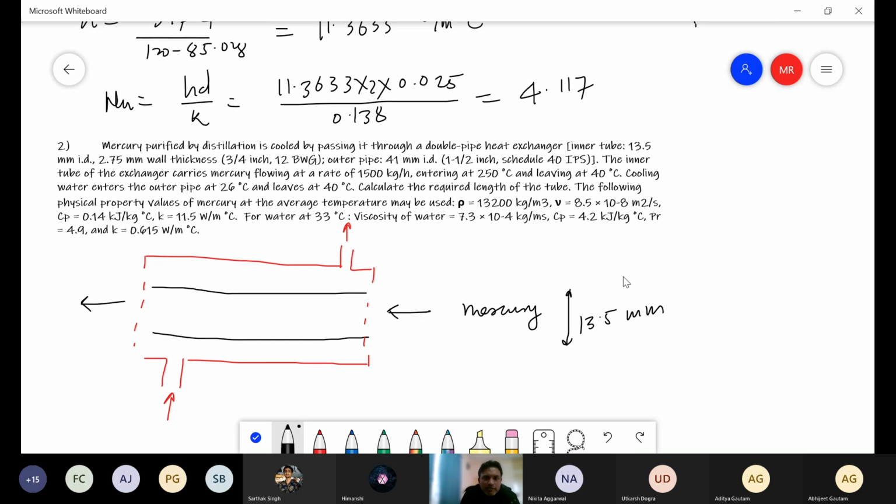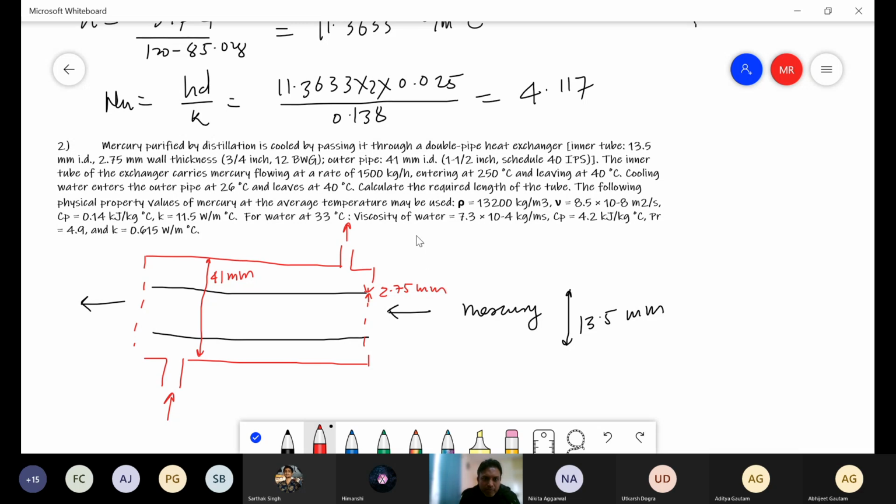Again, what is given is the outer diameter of the outer pipe, 41 mm, so this diameter is 41 mm. The wall thickness of the inner pipe is given as 2.75 mm.